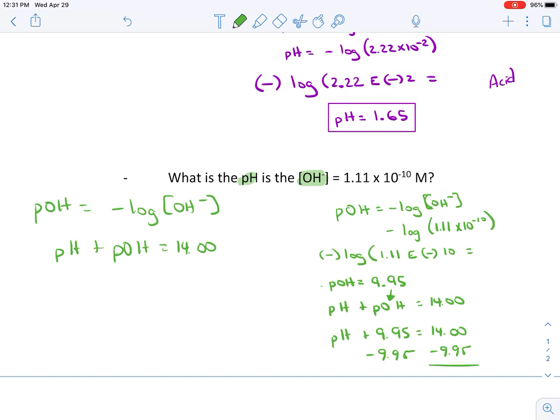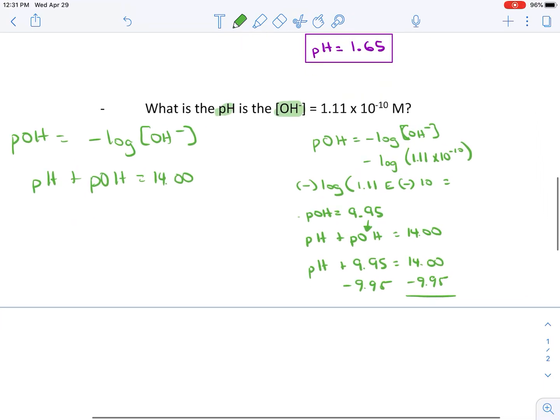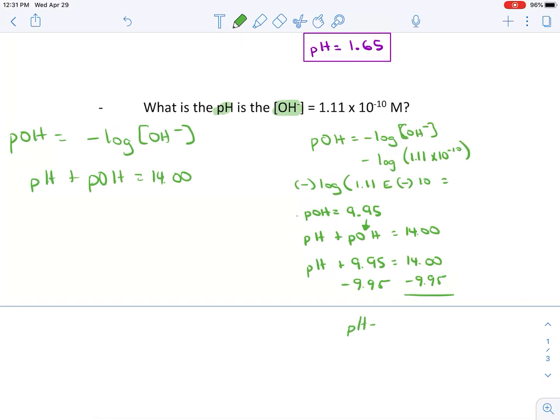And that will give us our answer. Our pH is going to be equal to 4.05. 4.05, and there's our pH.